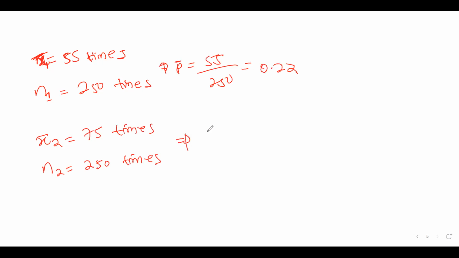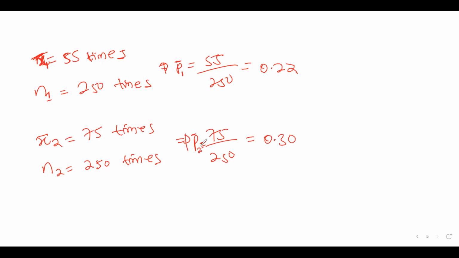Then here, 75 out of 250, you get our proportion of failure to be 0.30. All right, so these are our proportions: the proportion of failure of the new unit, then the proportion of failure of the old unit, okay?